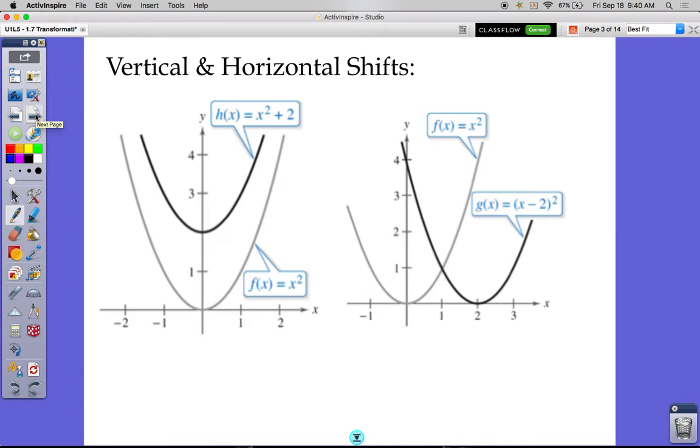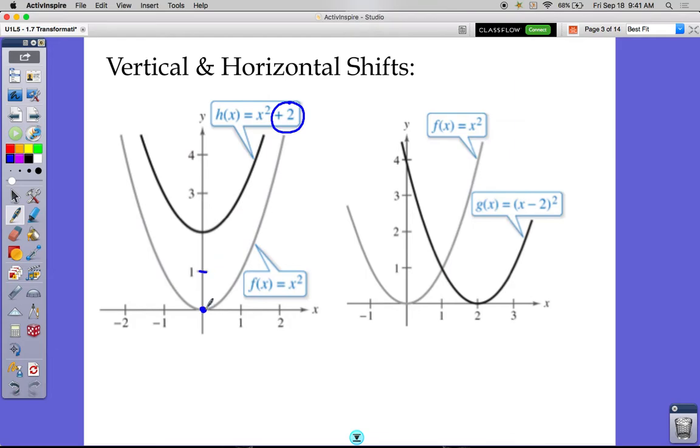Take a look at a vertical versus a horizontal shift. The result is 2 in the positive direction for each case. But look at how it shows up in the equation. This is our f of x equals x squared. That is our parent function, our quadratic. And we say x squared plus 2 on the outside, and we notice that this thing moved up 2.